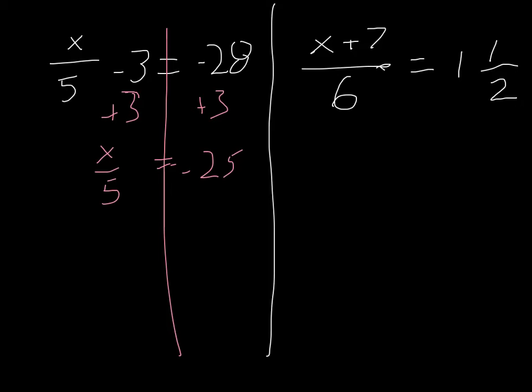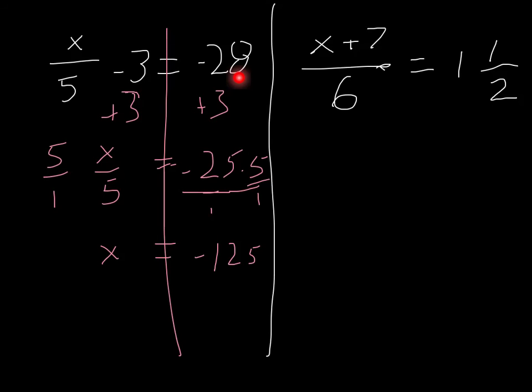And then in order to undo this x divided by 5, what I'm going to do is multiply both sides by 5, or 5 over 1, and I get x equals, and then negative 25 times 5 is negative 125. And again, you could check this. Simply put in negative 125 for x, and negative 125 divided by 5 is negative 25, and negative 25 minus 3 is negative 28.